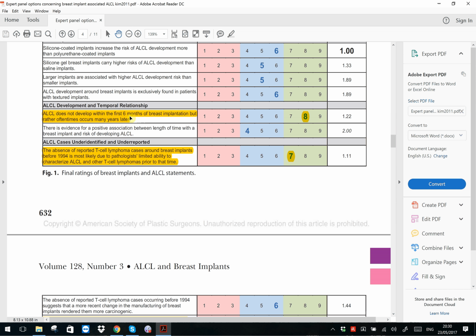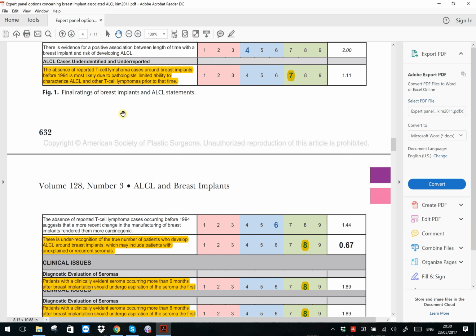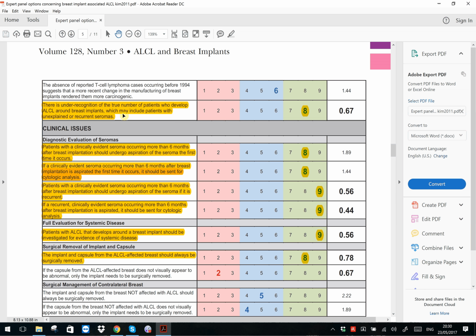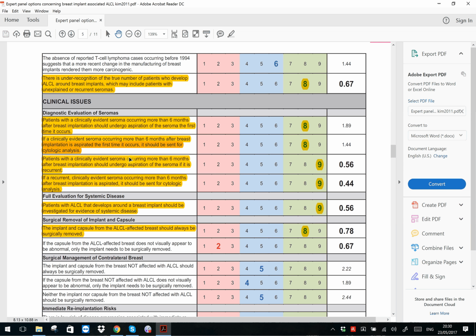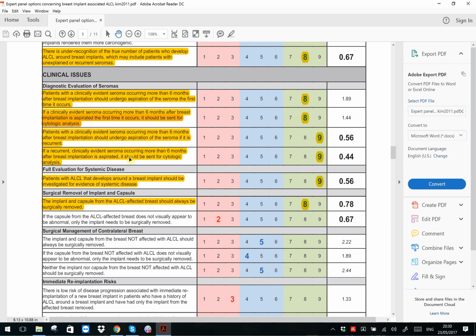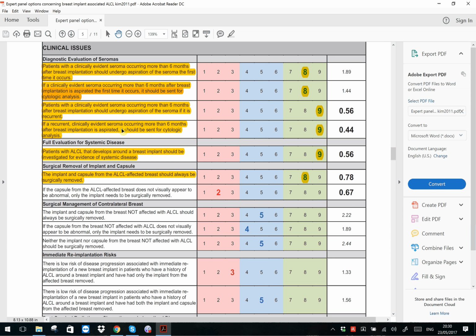Another question concerns the prognosis of this disease. As opposed to systemic anaplastic large cell lymphoma, which involves organs outside the breast and is ALK positive, we face a lymphoma here that is ALK negative, develops around the breast implant, and has generally a very good prognosis, simply by removing the capsule and the implant.